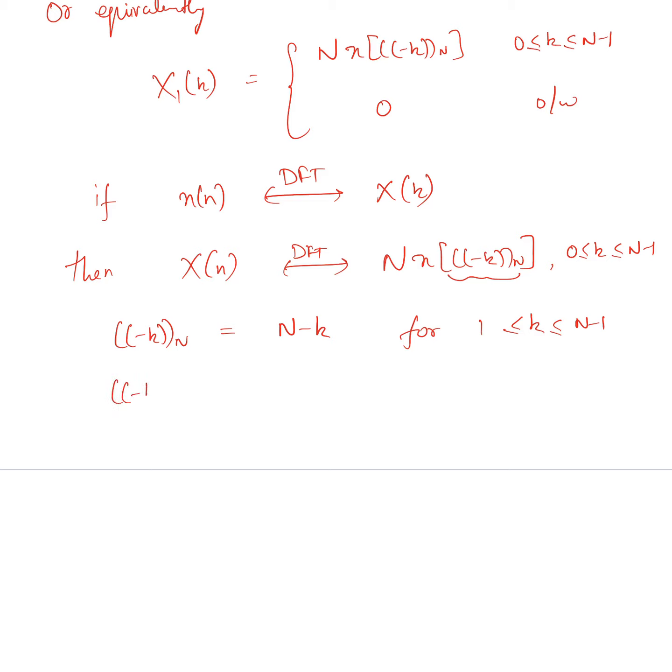Now for k equal to 0, minus k modulo N is equal to 0. Okay, this is how you can simplify this modulo notation to finally compute the duality. We can see one example related to this.